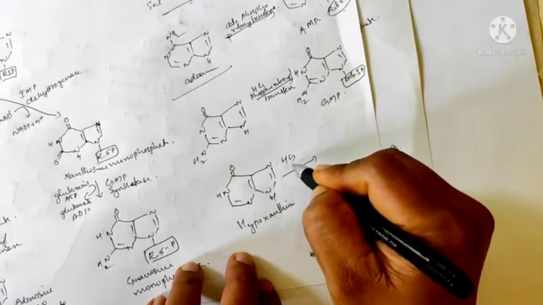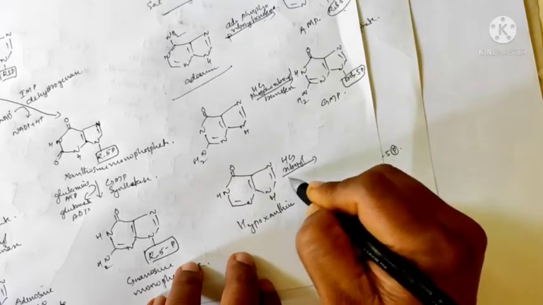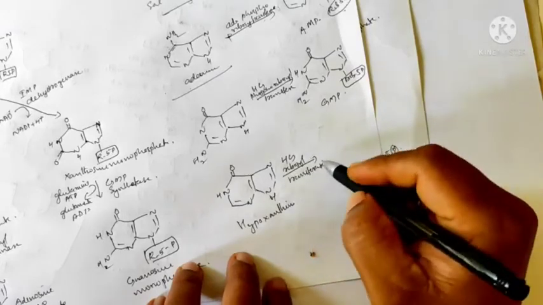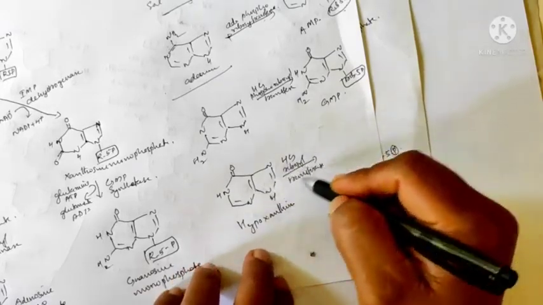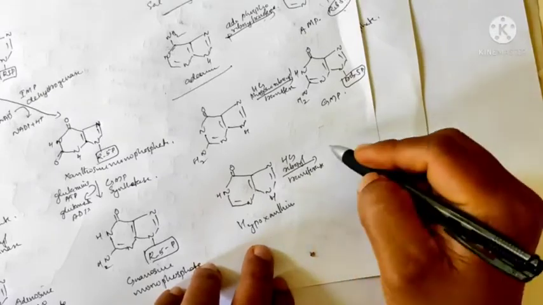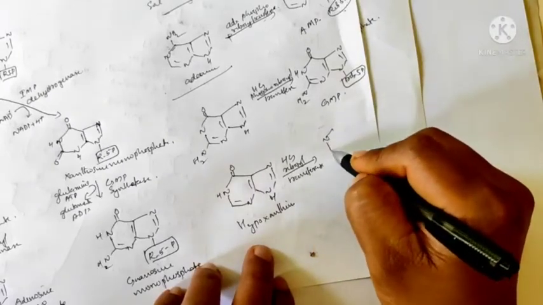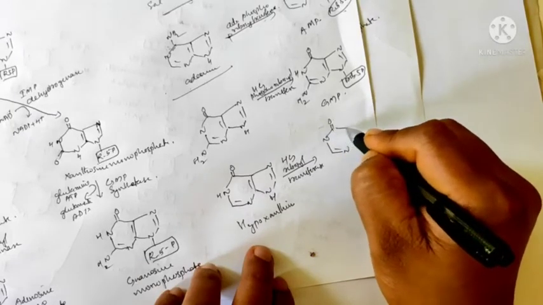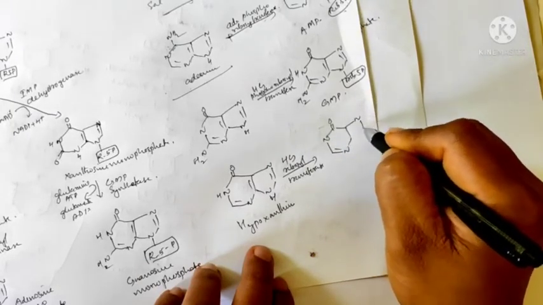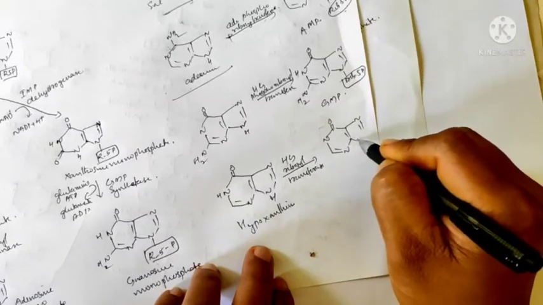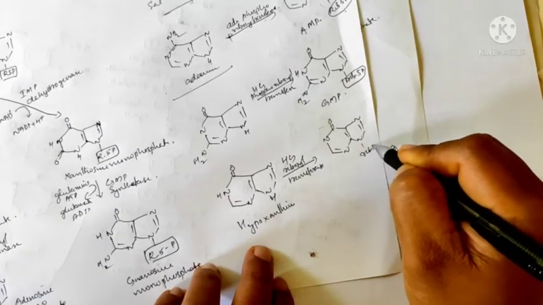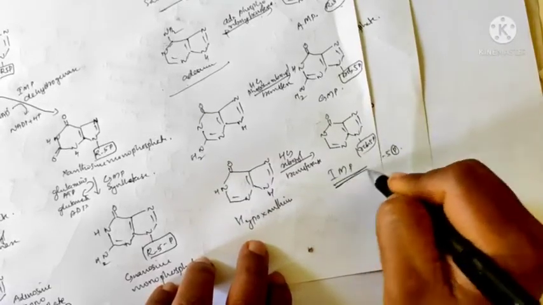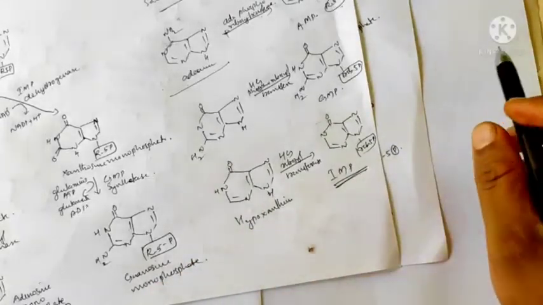Hypoxanthine guanine phosphoribosyl transferase enzyme transfers ribosyl 5-phosphate to hypoxanthine, forming inosine monophosphate. These are the salvage pathway.